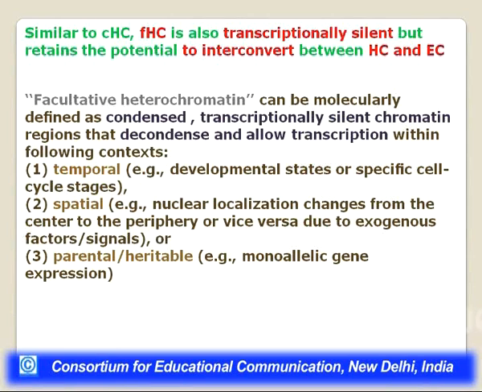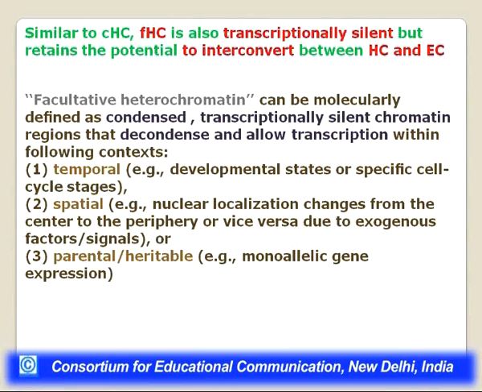Spatial, for example nuclear localization changes from the center to the periphery or vice versa due to exogenous factors or signals. So, if a certain portion is present in the nucleus center, then it might be euchromatinized, but when it moves towards the periphery it becomes heterochromatinized. So, it is a facultative heterochromatin. Or parental or heritable, for example the X chromosome.